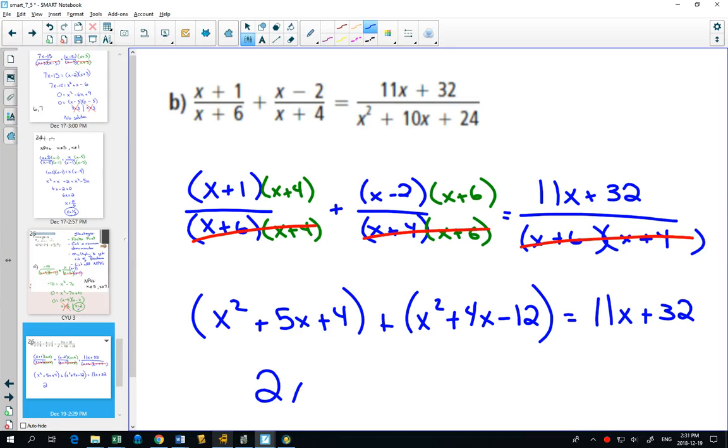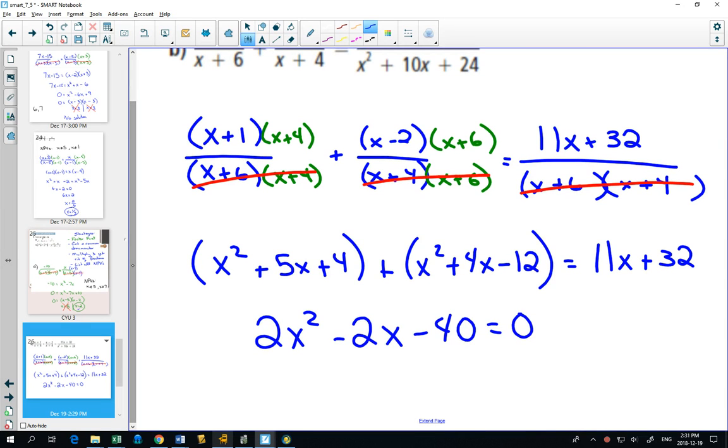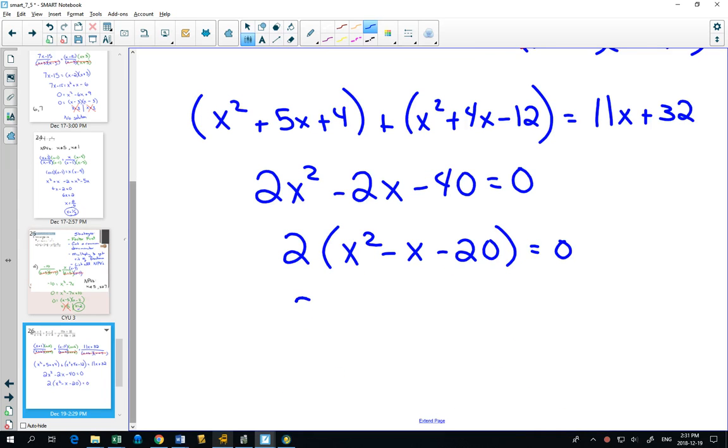I'm going to have 2x squared, 9x minus 11x, minus 2x, negative 8 minus 32. There's a common factor of 2 that you can take out. X minus 5, x plus, whoa, x plus 4.